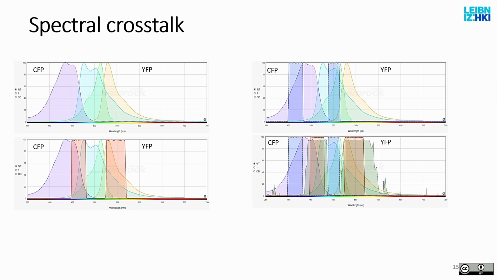I use so-called spectral detectors, and the spectral detector is basically a photomultiplier in front of which there is an optical device which will spread the light into its color components, like a rainbow, in which you split the light of the sun into a spectrum from violet to red.